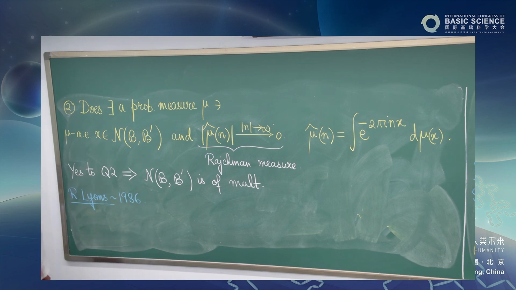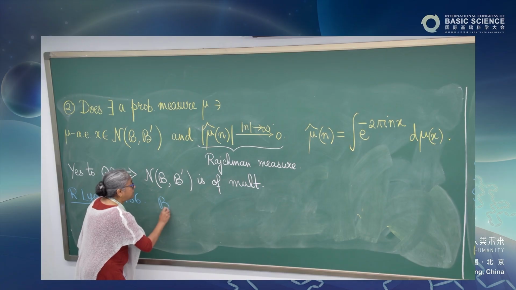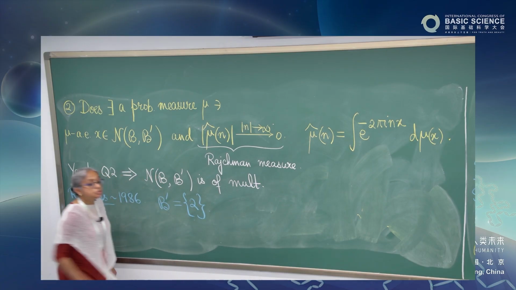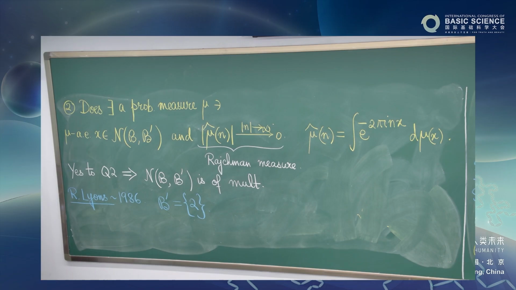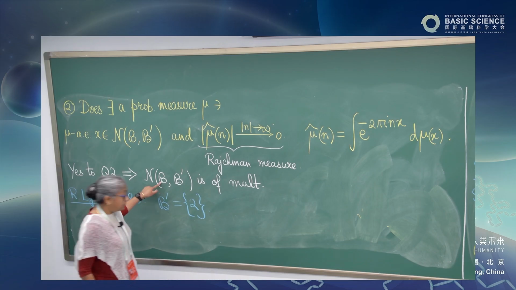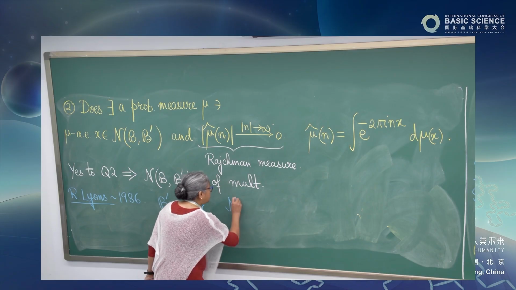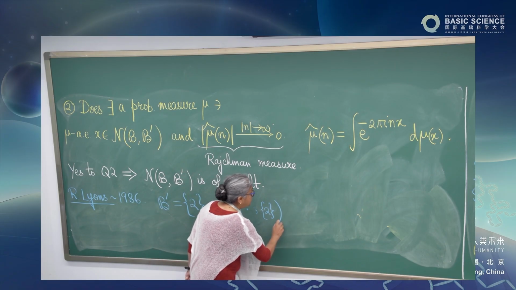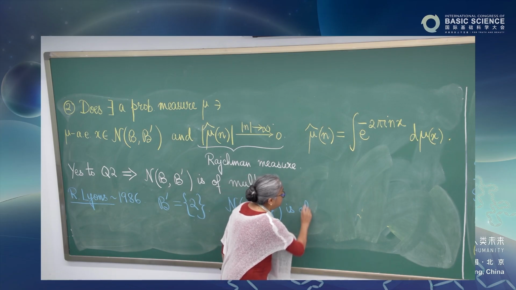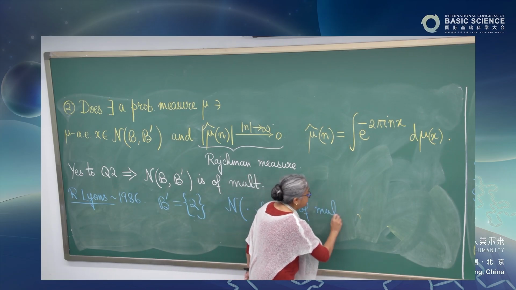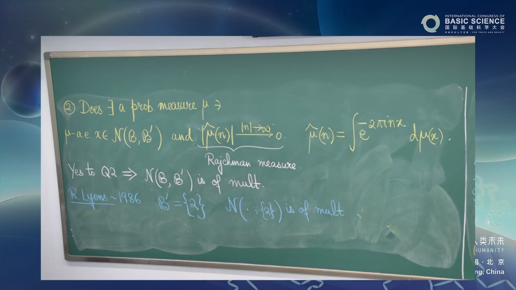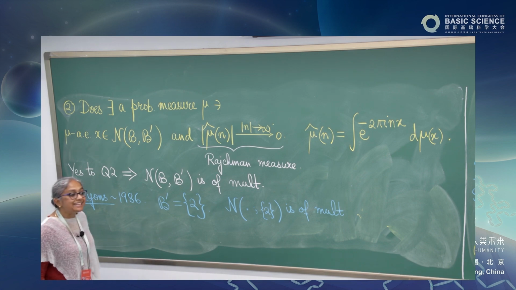He studied the case where B' was the single base 2 and B was undetermined. He showed that N2 supports a Rajchman measure and is a set of multiplicity.